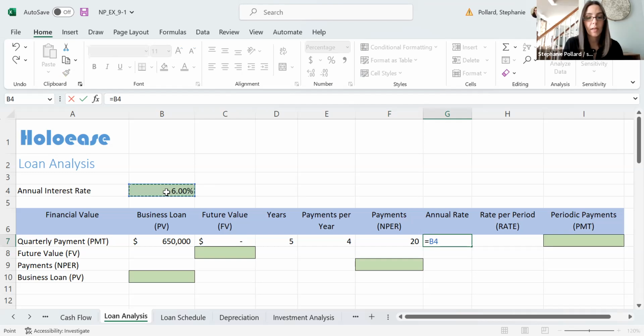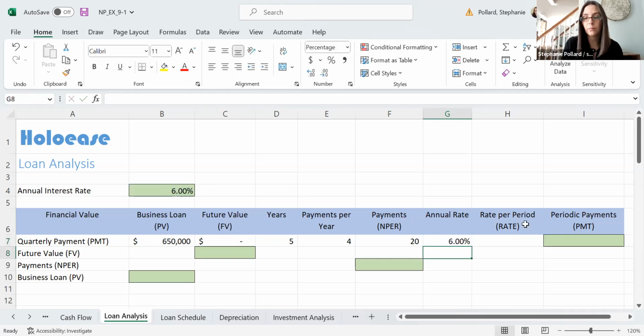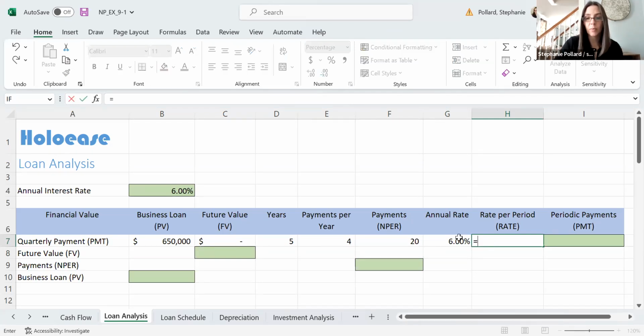So I'm just going to use cell B4 there. And then for our rate per period, we're going to take that 6%. So I'm going to click cell G7. And I'm going to divide it by cell E7 because we're looking at the rate per period. A period could be any span of time.